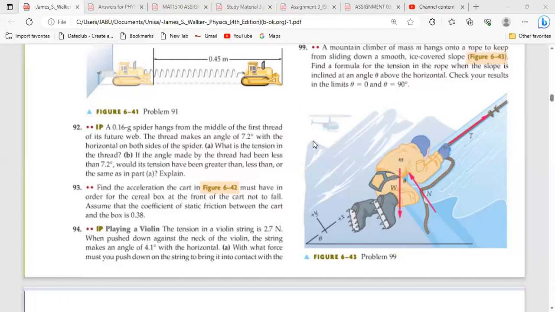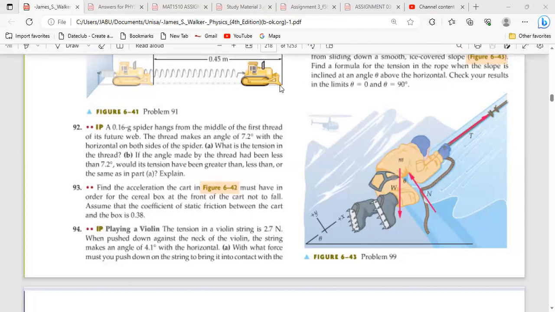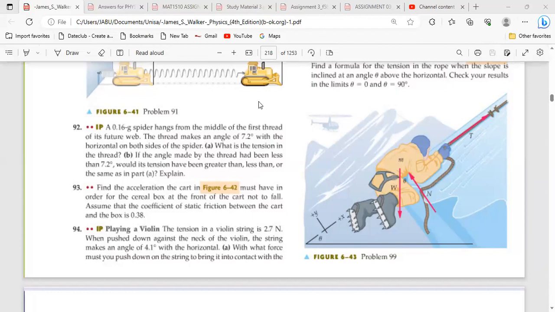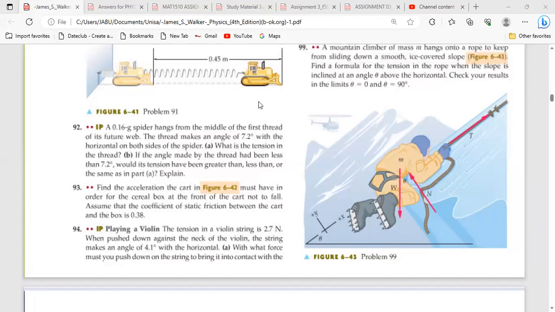Let's see which one we are going to do now. Let's do this one, problem 107.